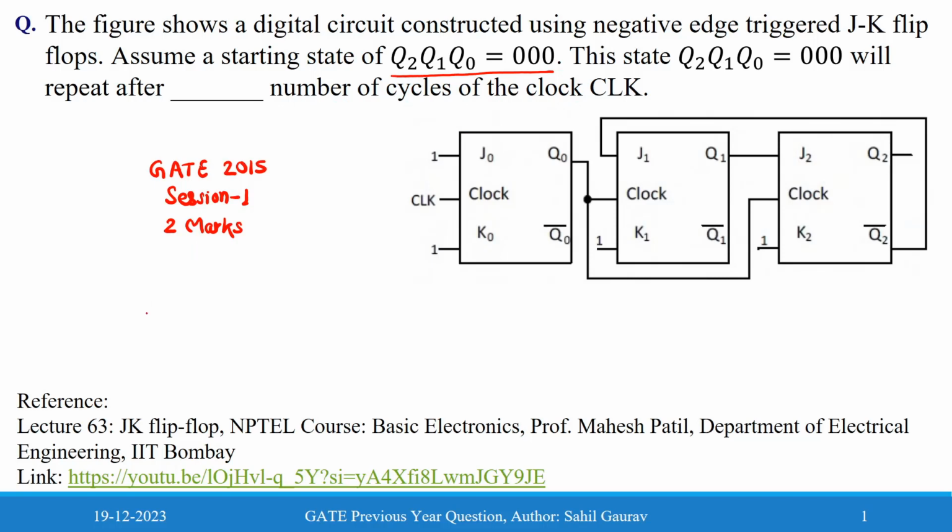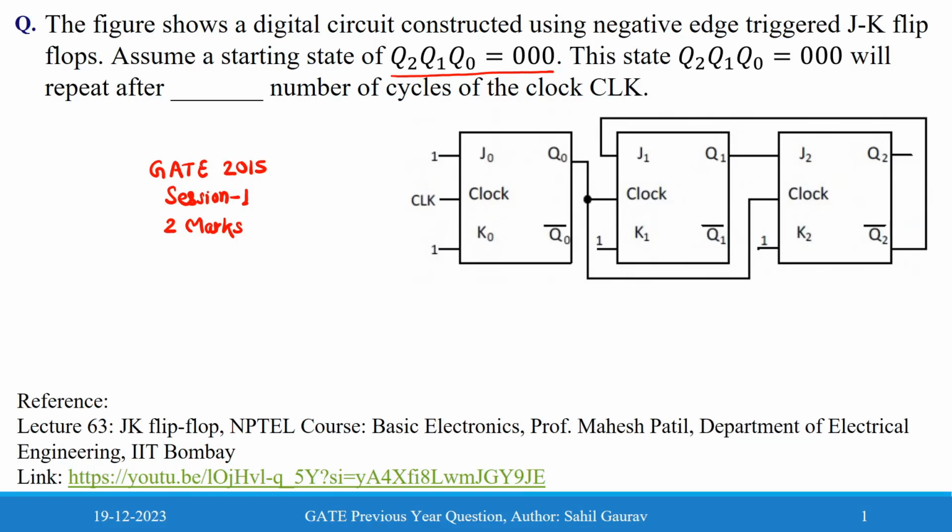If you want a detailed concept behind this problem, kindly refer to NPTEL lecture number 63, JK flip-flop. The NPTEL course is Basic Electronics by Professor Mahesh Patil, Department of Electrical Engineering, IIT Bombay, and the YouTube link is also shown over here.